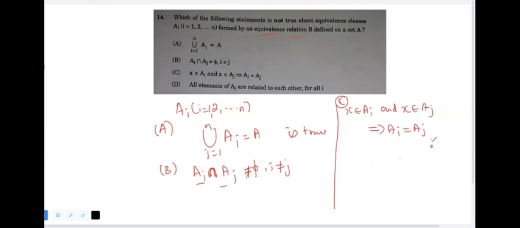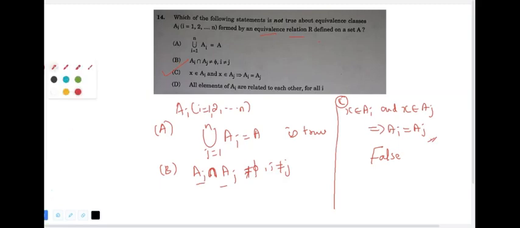Since equivalence classes partition the set, an element belongs to exactly one equivalence class, it cannot be in both sets, therefore it is false. So option C is false.